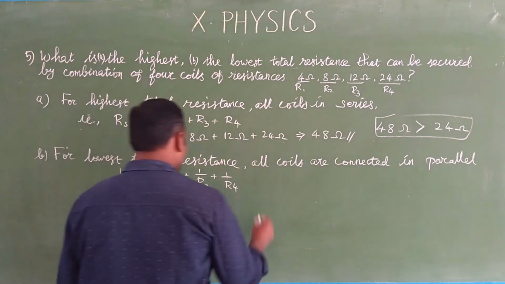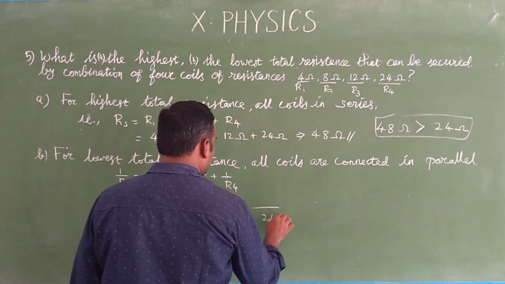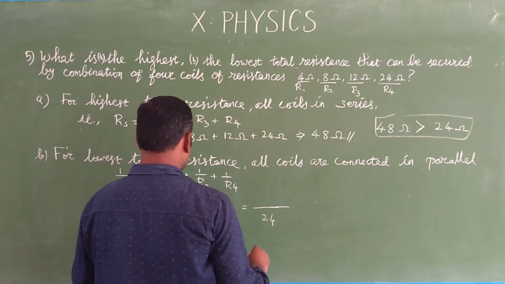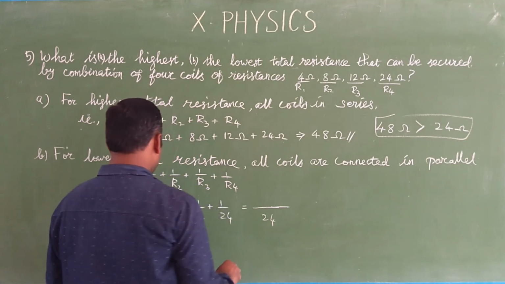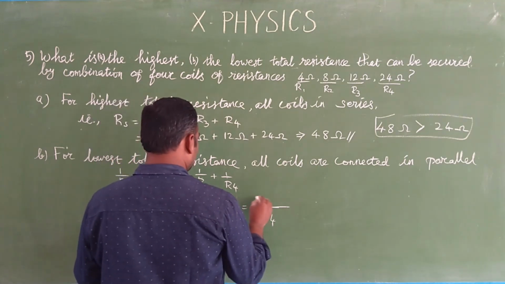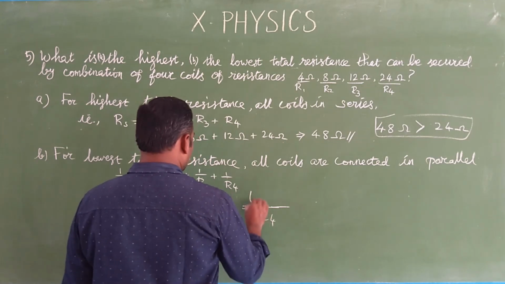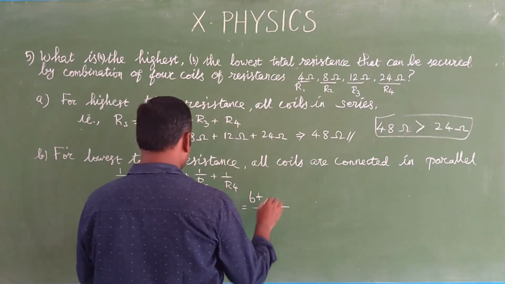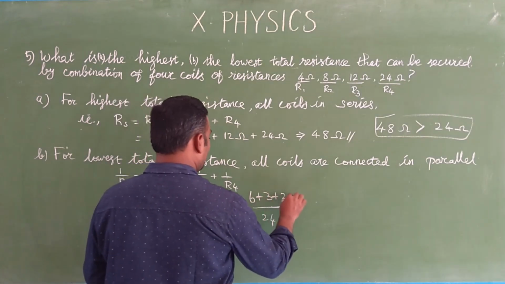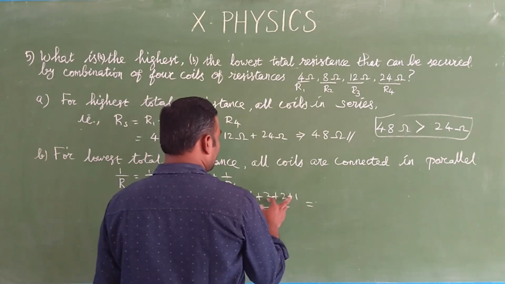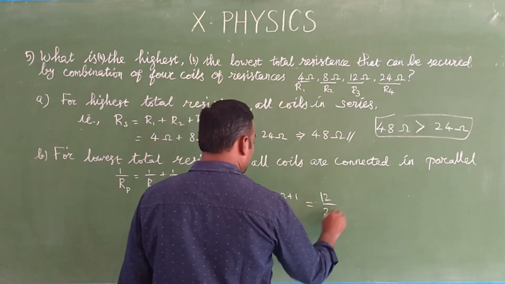If you take LCM, it's 24. So what is the value? 6, 4 6s are 24. So 6 plus 3 plus 2 plus 1, which is equal to 12 divided by 24.